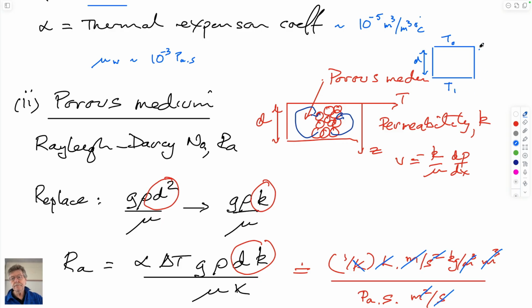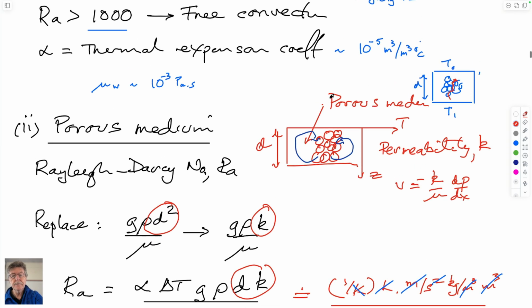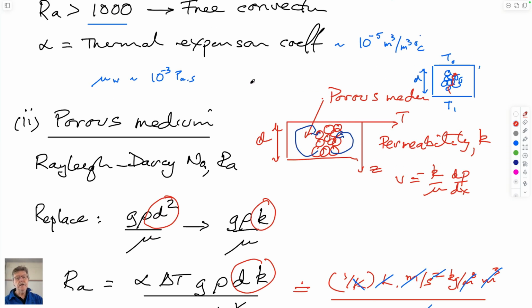But now the convection cell is flowing within a porous medium. The only thing flowing in that cell would be the water, which is able to go between the grains of the porous medium. The way this is defined is in terms of fluid flow in a porous medium, through Darcy's law.